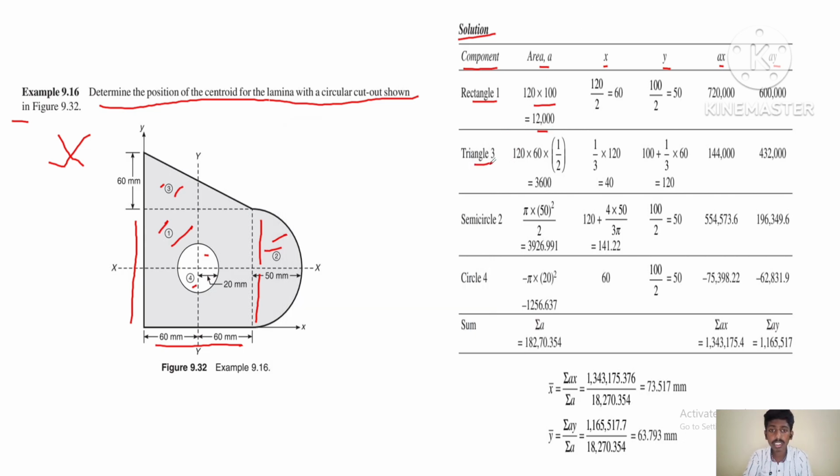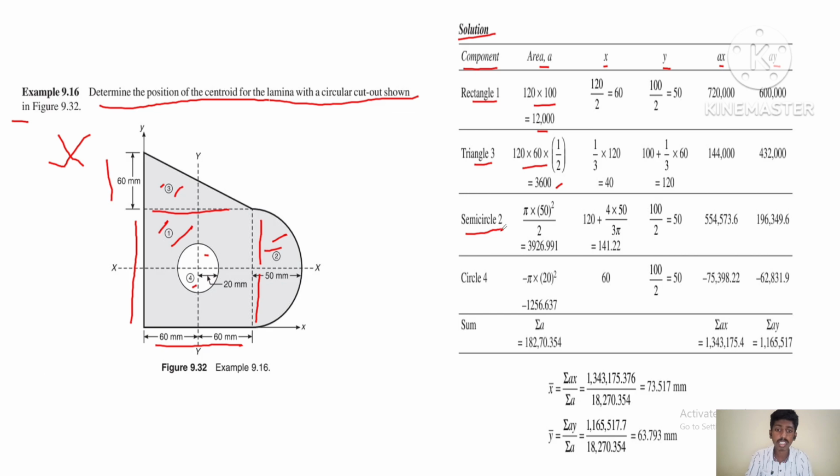Similarly for triangle, it's half of breadth into depth. 120 is the breadth, 60 is the depth. Half of this product is equal to 3600 millimeters. Here all units are in millimeters.